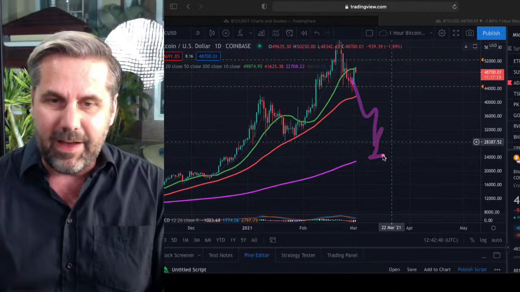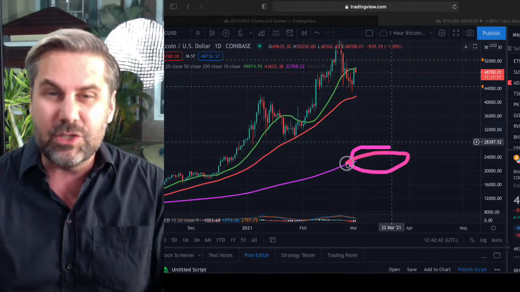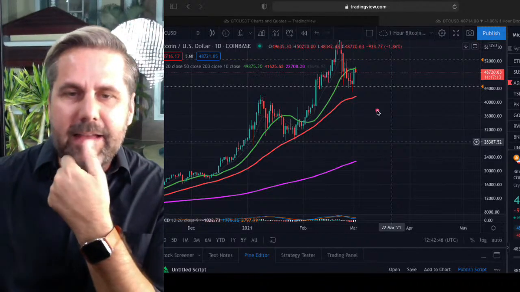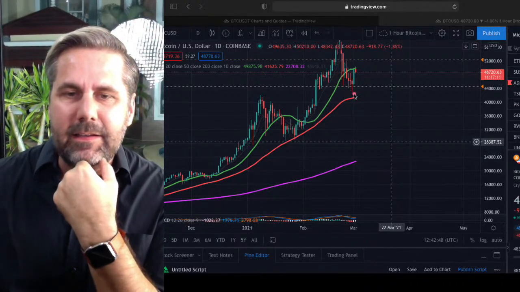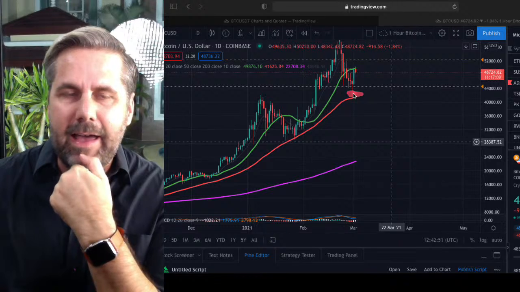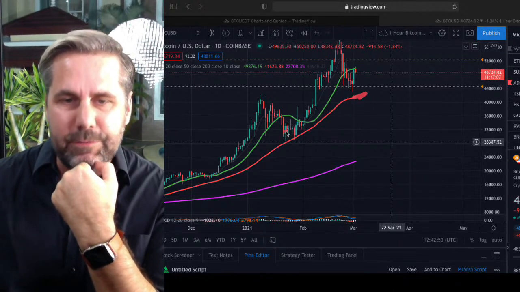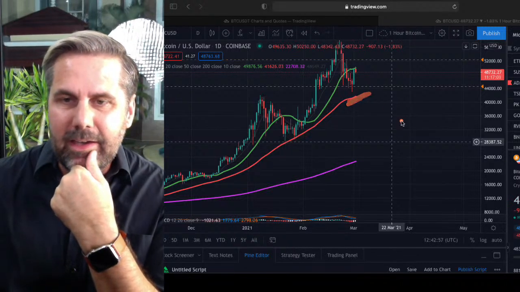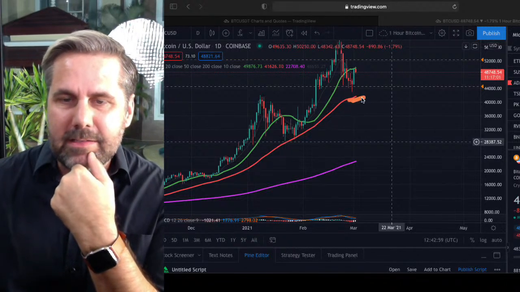Hey, that's a good buy right here. That means the Bitcoin is so cheap. I don't think it's gonna get there, guys. That's why I bought it here, because I had a feeling this time it wouldn't even touch this, even though last time it did. So here it's a good price, okay? Here it's a good price. So you get what I'm saying?